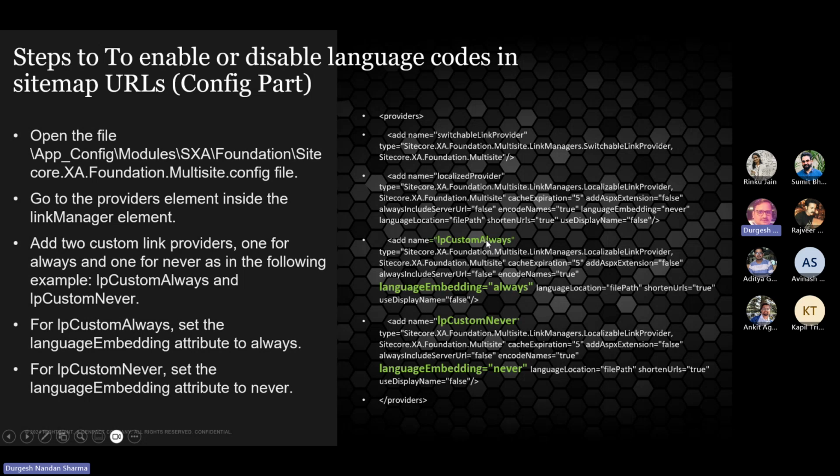The name need not always be IP custom, but for naming convention I use this: IP custom always and IP custom never. In both providers, we set language embedding to always and language embedding to never. These providers will be used in the content editor to configure the sitemap, whatever the requirement.